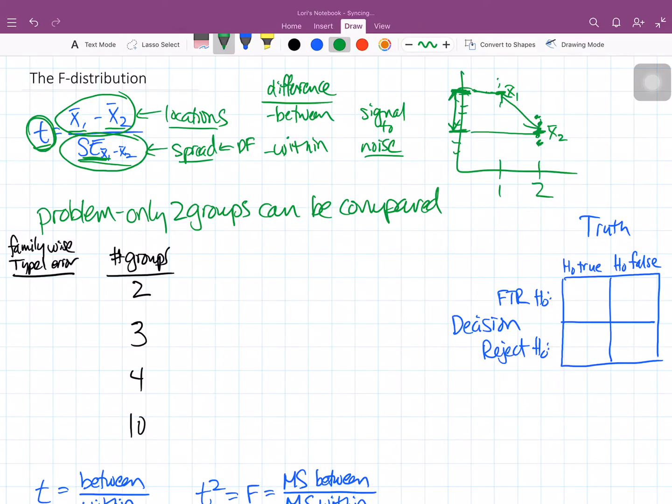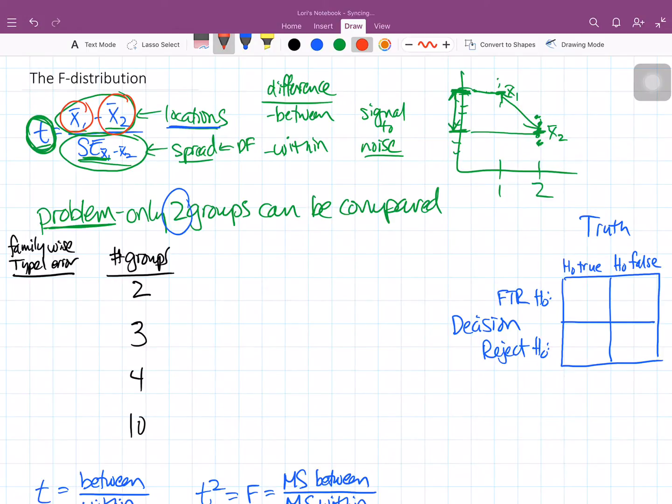Once we have looked at this whole idea with the t-distribution, the problem with a t-distribution is that we can only compare two groups at a time, and this top part can only accommodate x bar 1 and x bar 2. We can't really look at more than just two groups.